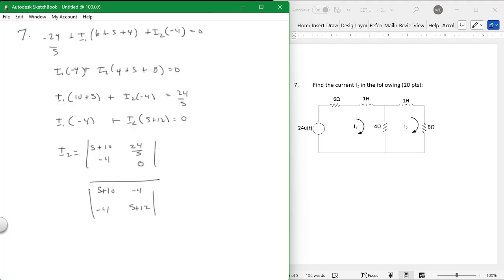And then you cross multiply. It's this minus this, this minus this. That's your I2. You got them in the wrong column, okay? The column you want is the I2 column. So you take out the numbers that are in the I2 column and you put in the numbers on the right side. That's what you missed, okay? I saw that again and again and again. So I want you to understand that this is the right way to do this, okay?